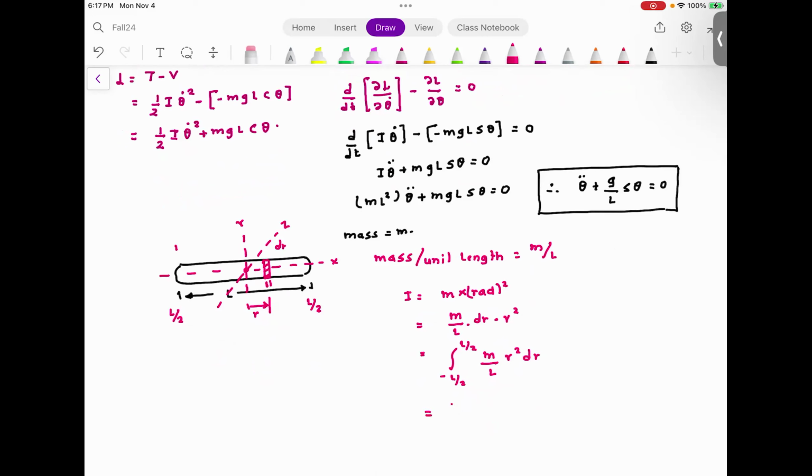Now M and L come out of the integral sign. The integral of r square becomes r cube by 3, evaluated from minus L by 2 to L by 2.